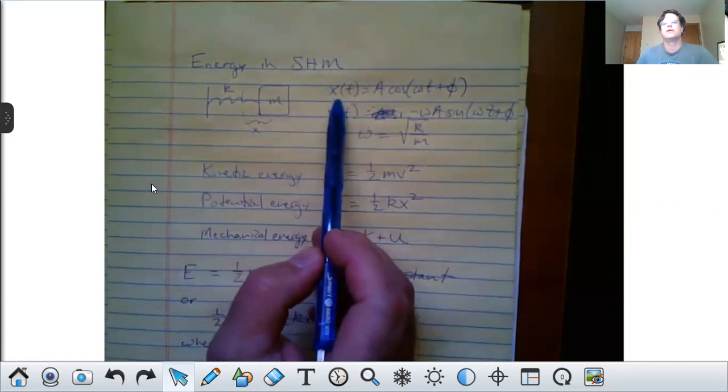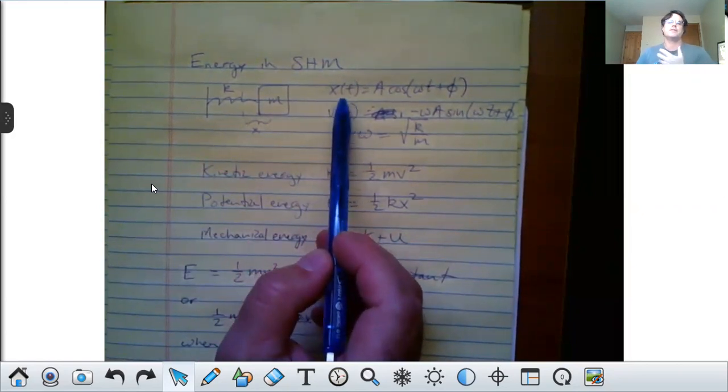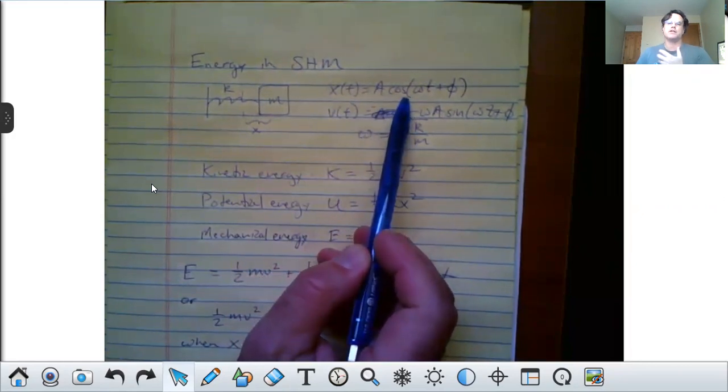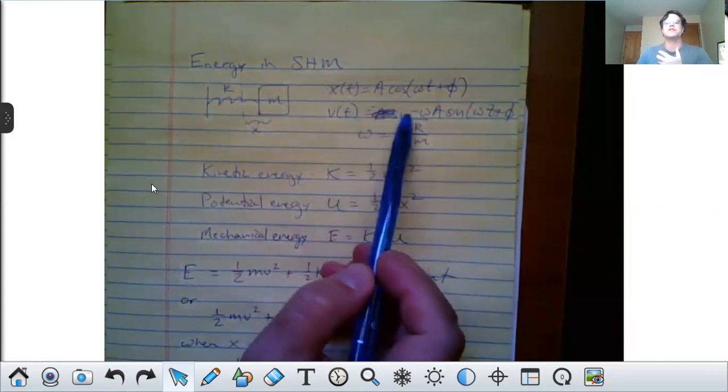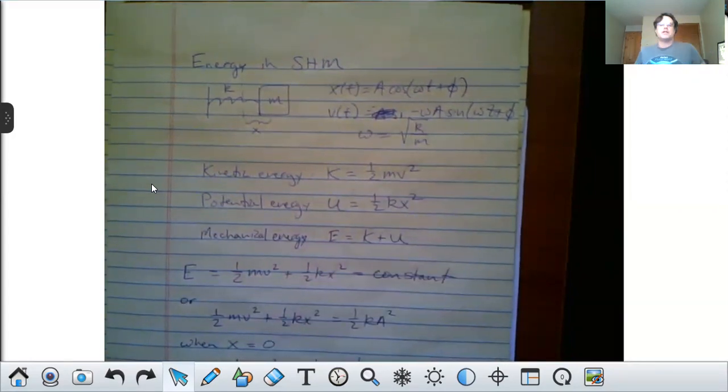And we found that a solution to this motion that describes x as a function of time is given by a cosine function. Take the derivative, you get the velocity, negative omega A sine. So we have a sinusoidal type motion, and that really is what describes simple harmonic motion, that mathematically it can be described by a sine or a cosine.